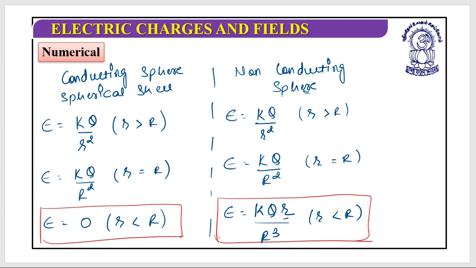Now, one very critical point. In the first situation, you have been given a conducting sphere, so you use the rules of the conducting sphere. In the second situation, let's say you have been given a non-conducting sphere, and you use the rules of the non-conducting sphere. But in certain situations, they will not tell you whether the sphere is conducting or non-conducting.